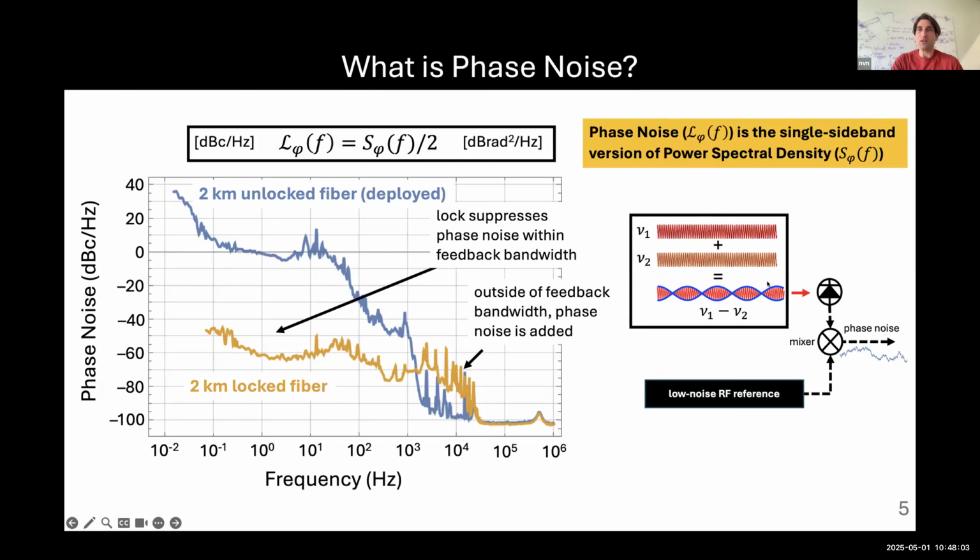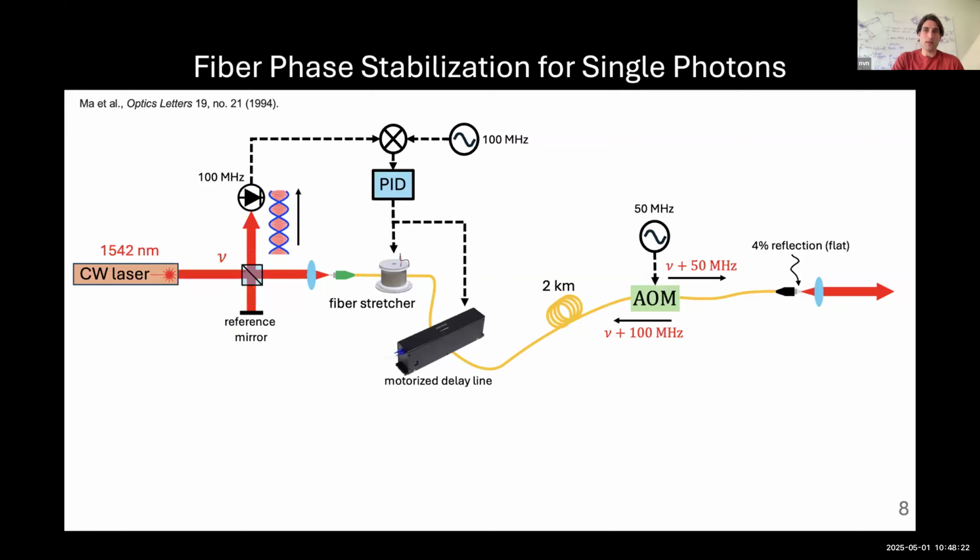In this case, I'm interfering two lasers with different frequencies, and in that way I stop being sensitive to amplitude fluctuations. I'm only sensitive to frequency and phase fluctuations. That's an important distinction.